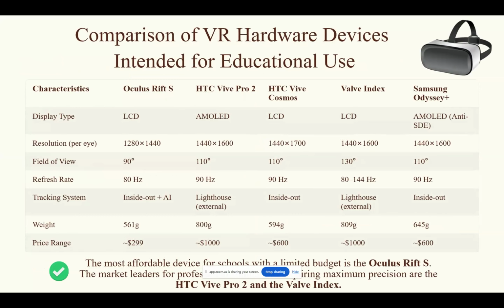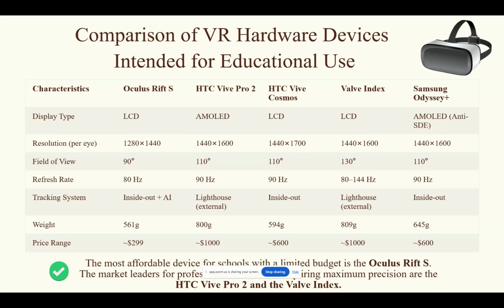More affordable models like Oculus Rift S provide solid performance for general educational use. Mid-range devices such as the HTC Vive Cosmos and Samsung Odyssey Plus balance cost and visual quality.